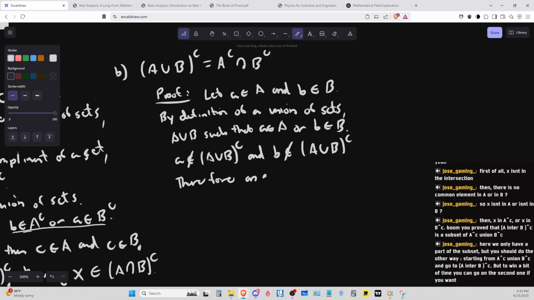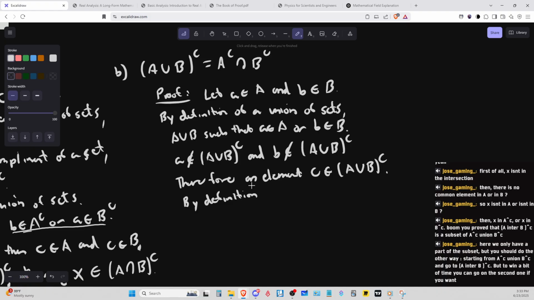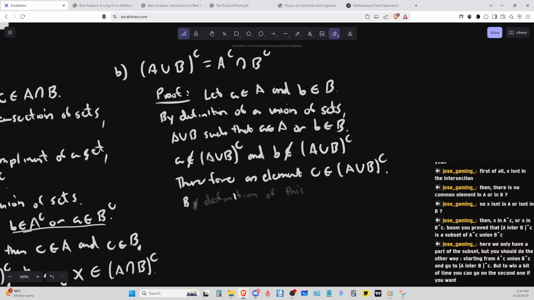Therefore, an element C is an element of a union complement. By definition, complement.